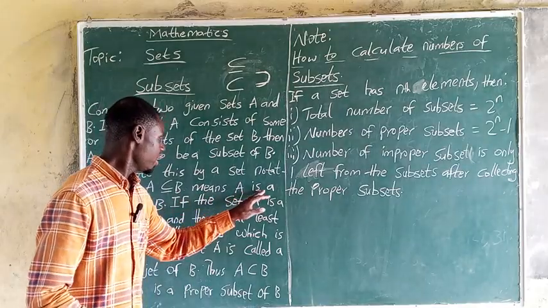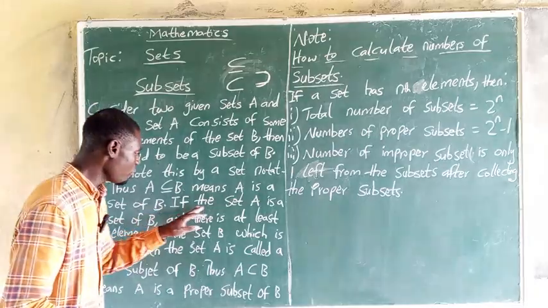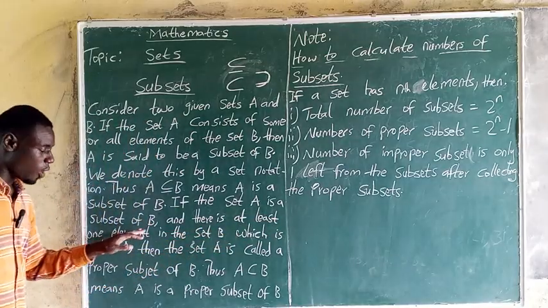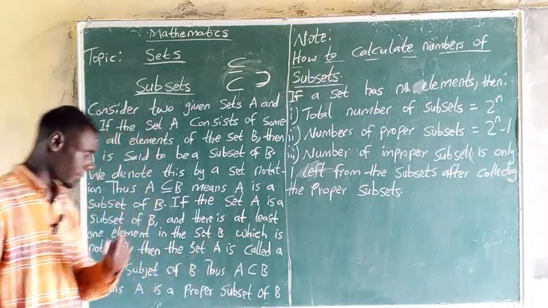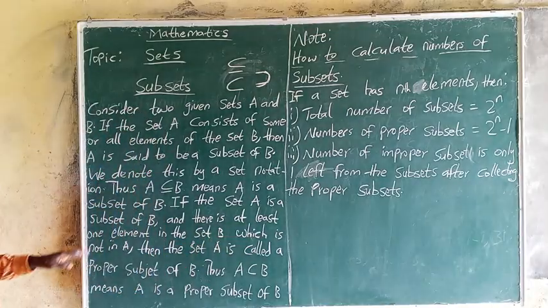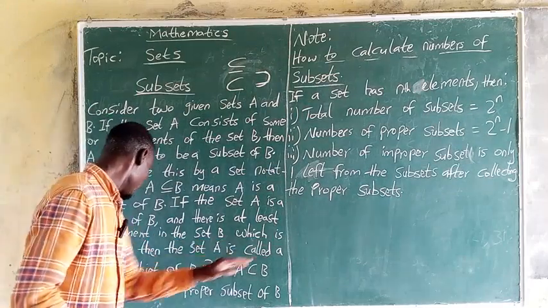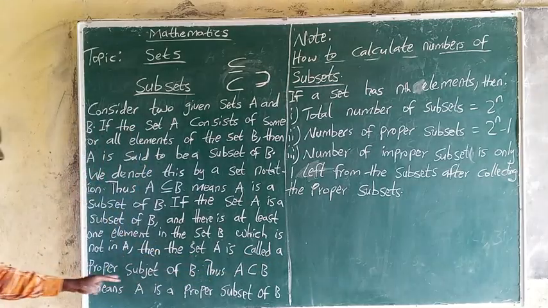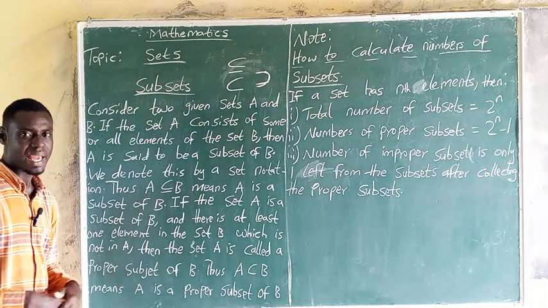It means A is a subset of B. If the set A is a subset of B, and there is at least one element in the set B which is not in A, then this set is said to be a proper subset of B.